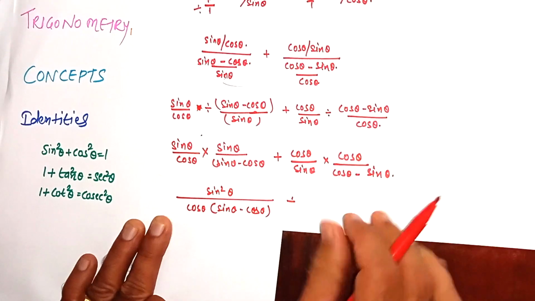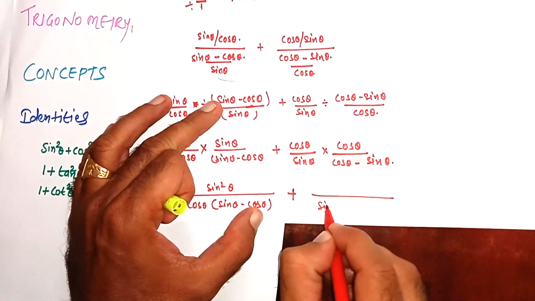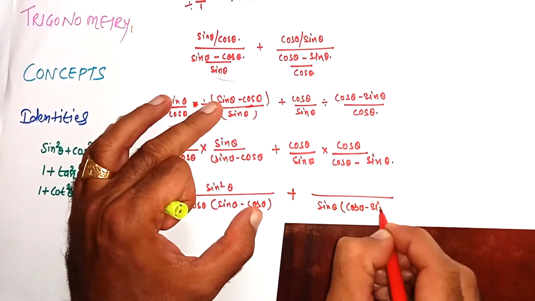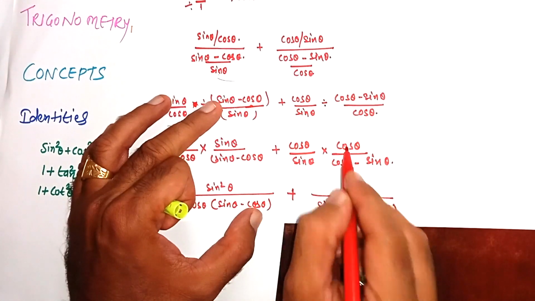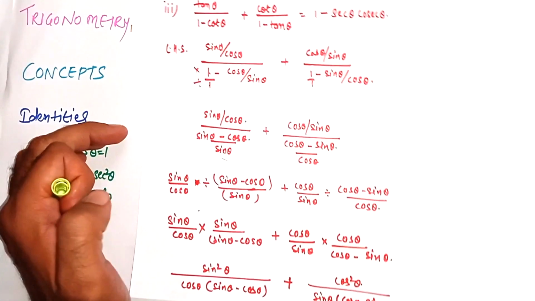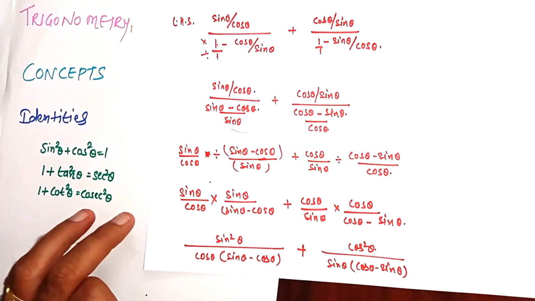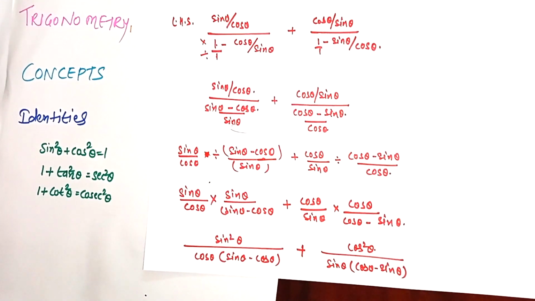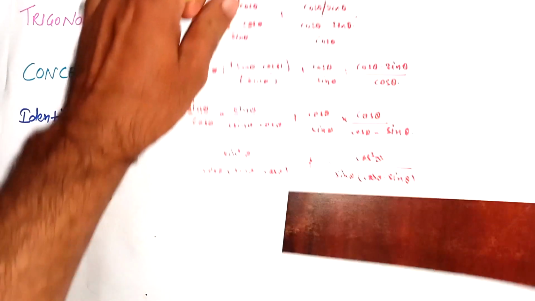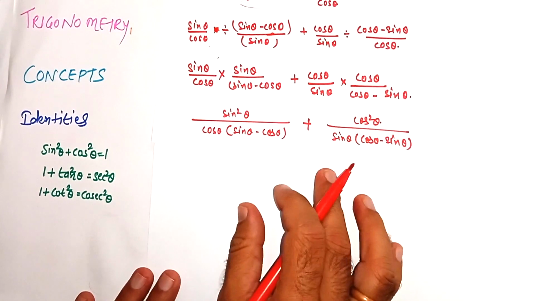Again this addition sign, sin theta into cos theta minus sin theta, and this cos multiplied by cos will become cos square theta. See, I hope you are following this. Let's take another page. So this is now what we should do.